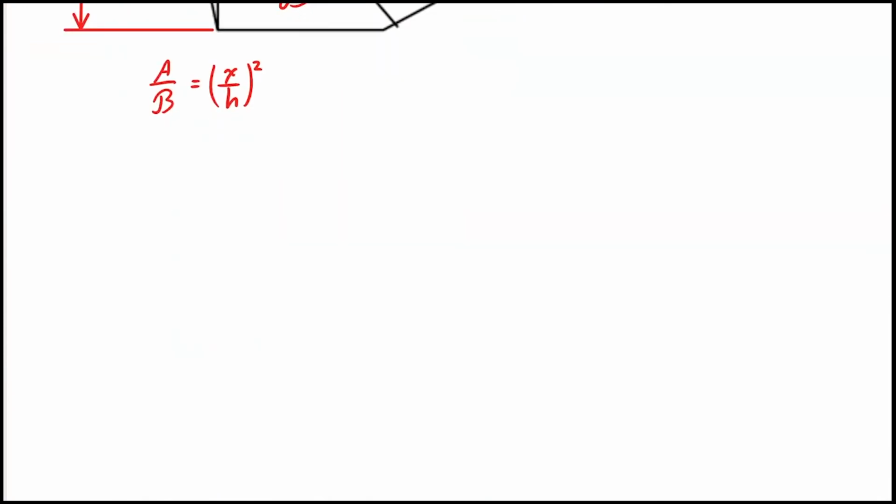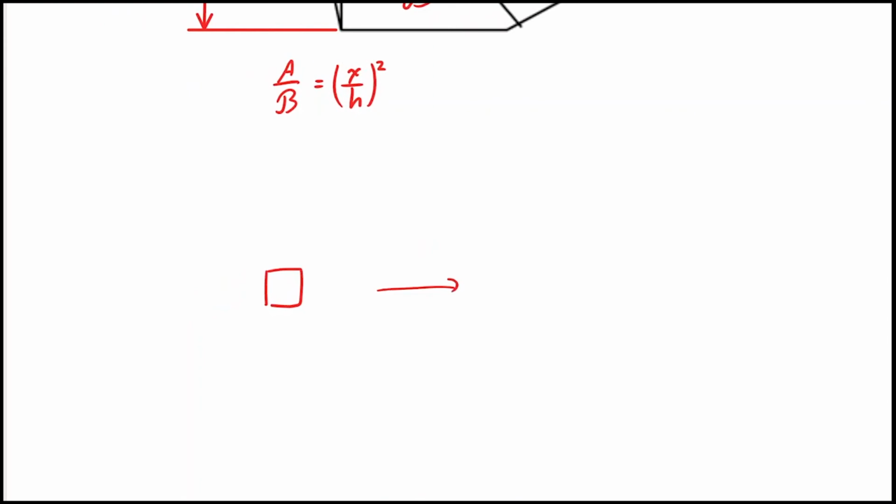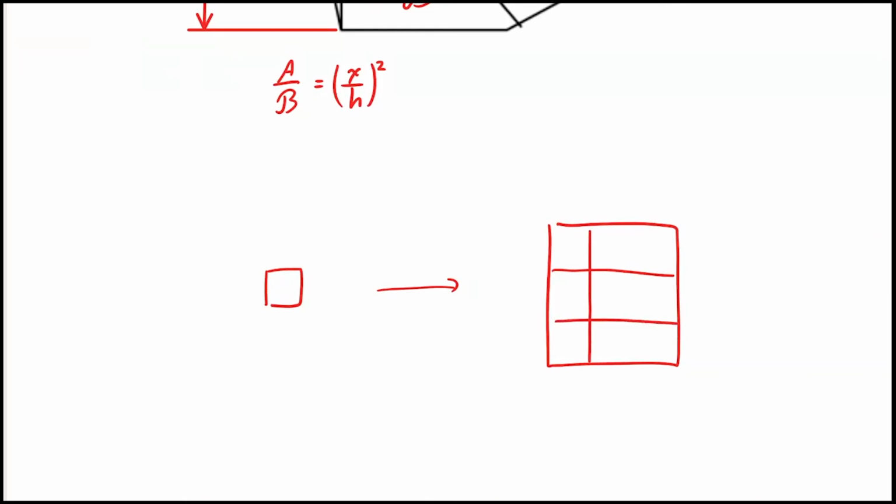Let me prove it to you simply right here. It's not that hard to prove. Say there is a square, and let's say we dilate it to this size. Do you easily see that this is 1 square to 3 square? You see why we have to square it?